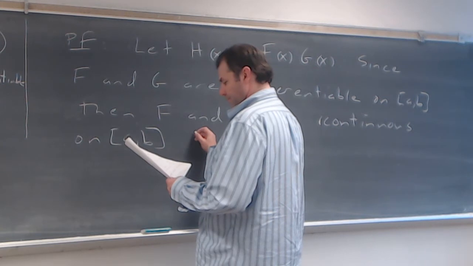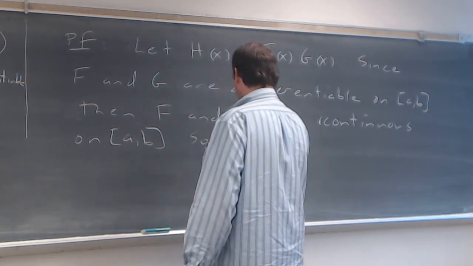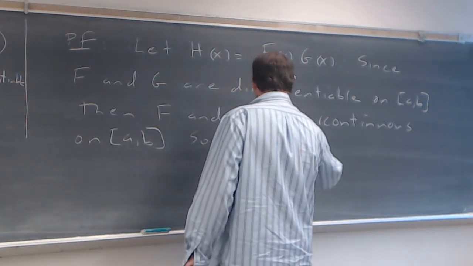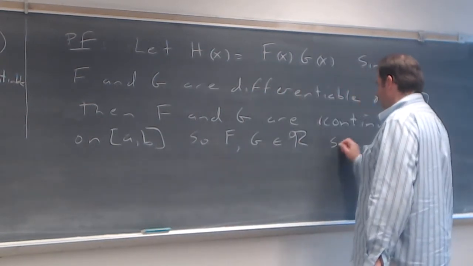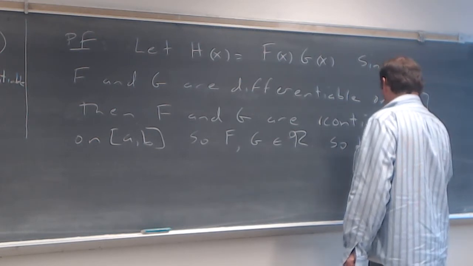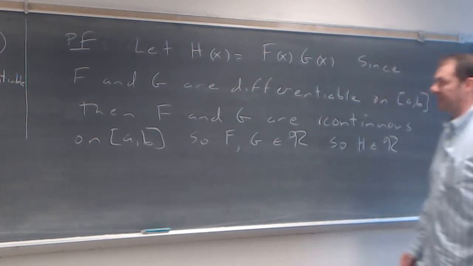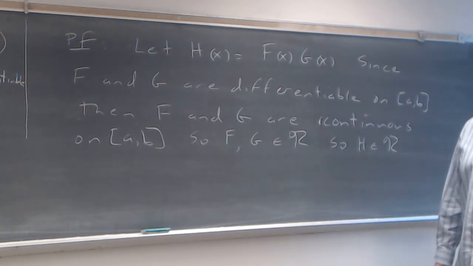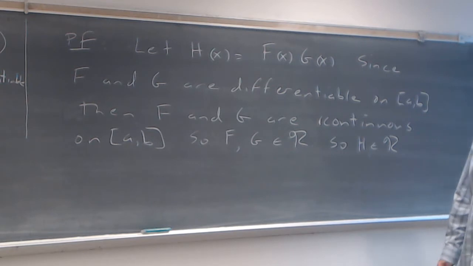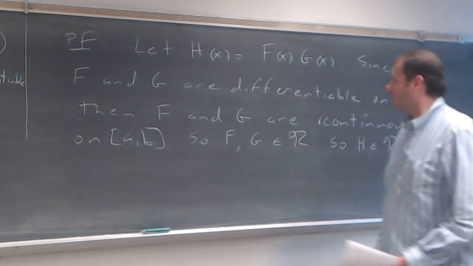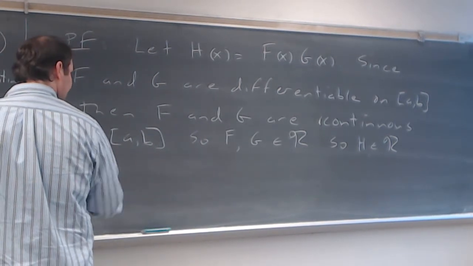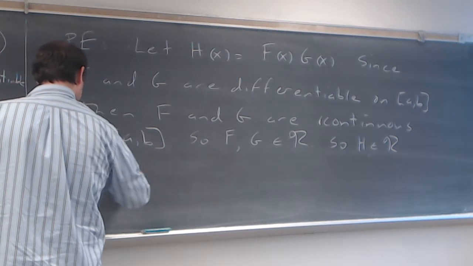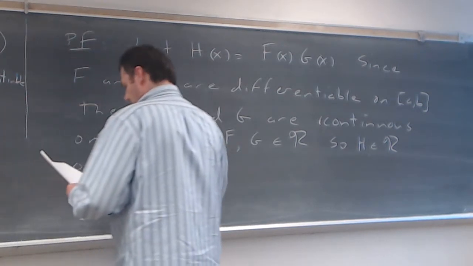So that means big F and big G are Riemann integrable on [a, b]. And so H is Riemann integrable on [a, b] because it's the product of integrable functions, and we've proven that the product of integrable functions is integrable. So I'll say H is Riemann integrable on [a, b] with that sentence.